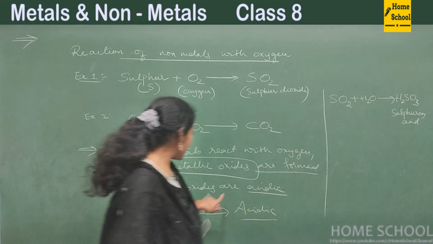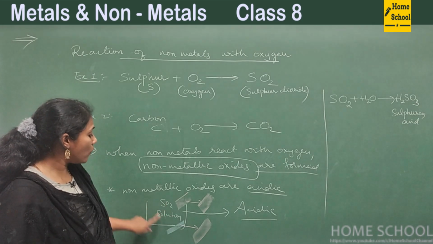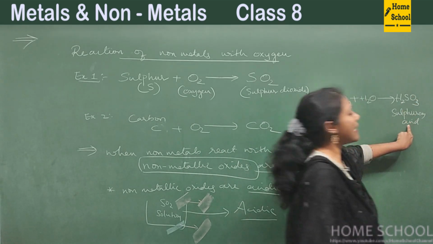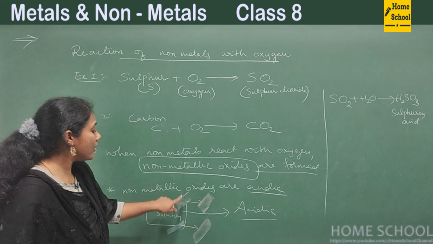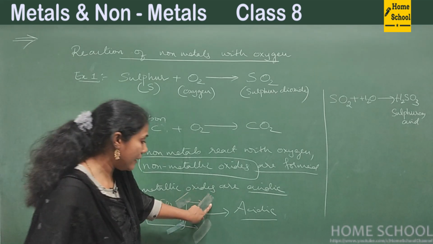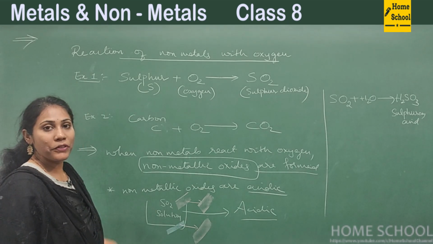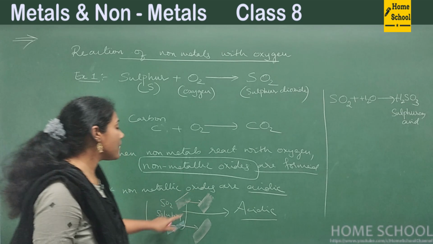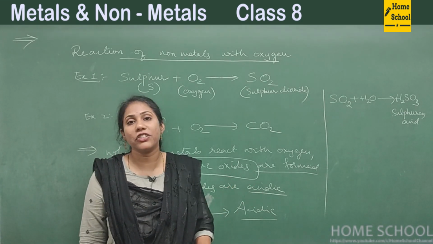So I put sulfur dioxide in water and made a sulfur dioxide solution. What is this solution? It is nothing but sulfurous acid. It is an acid. That is the reason red litmus paper remained red, and blue litmus paper converted into red. So all non-metallic oxides behave as acids. They are acidic in nature.